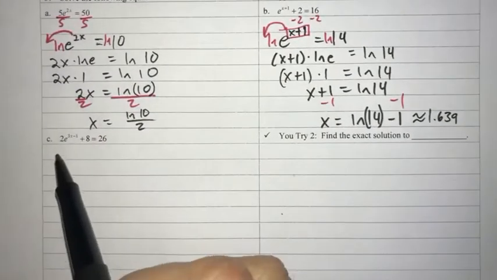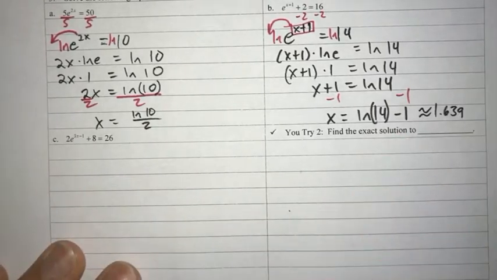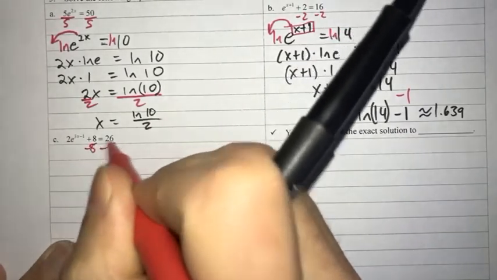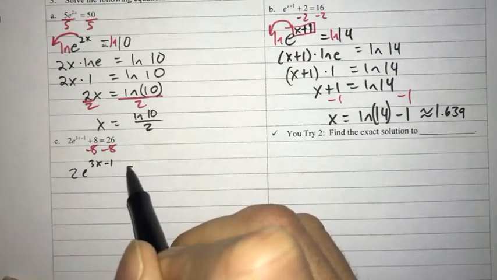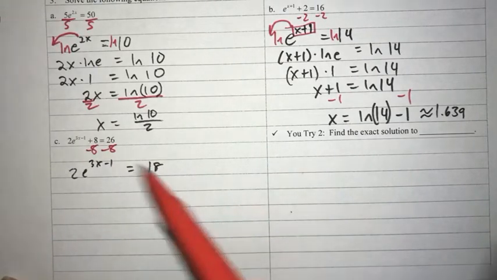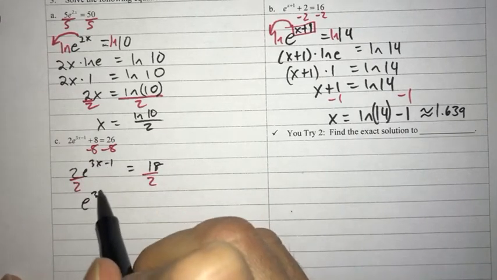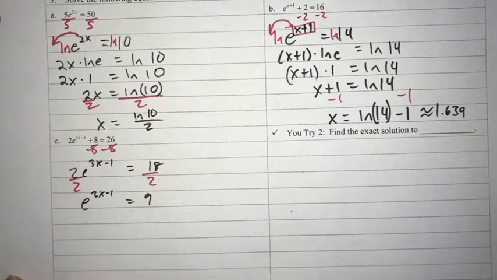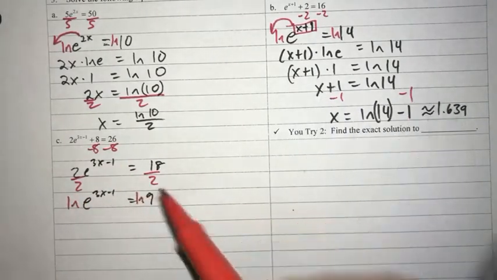One more here. I'm seeing e to the power here, but I'm seeing the 8 and the 2. I need to get rid of those. So let's subtract 8. So that's 18 divided by 2. It's 9. Now that I have that by itself, I'm going to hit it with a natural log.